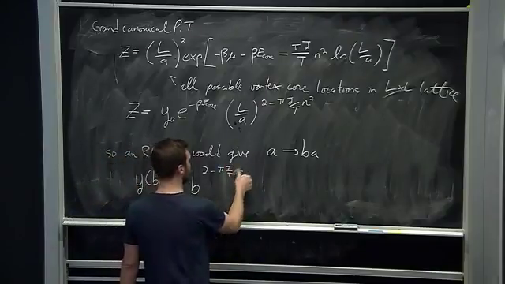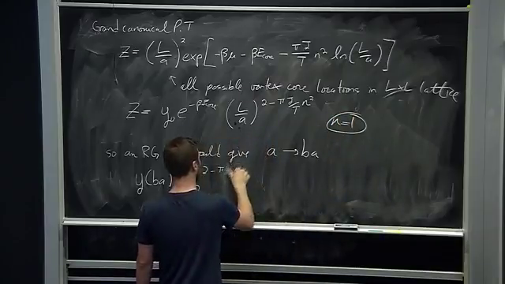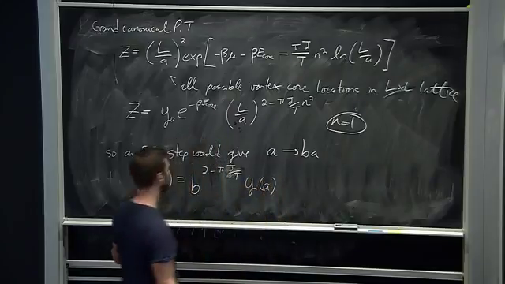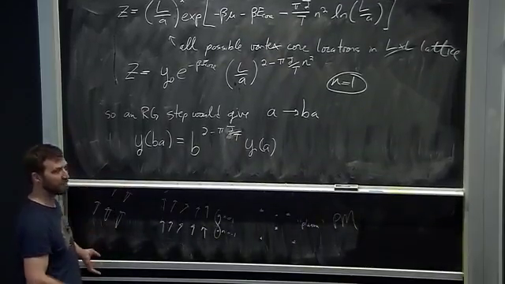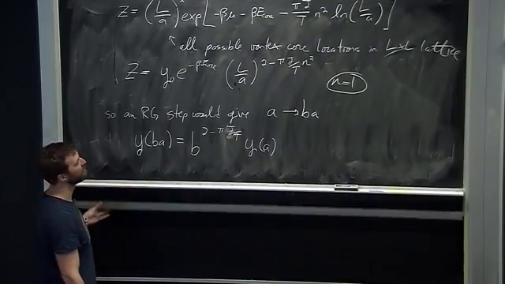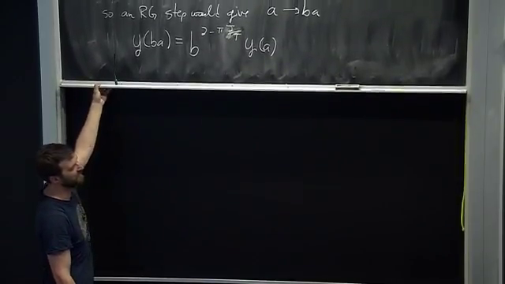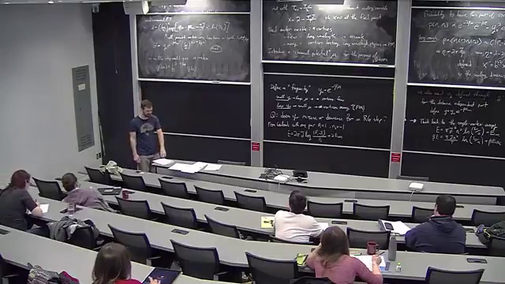Okay, I'm done with this n squared. And then I have y of A here. That's where the scaling dimension is, again, very roughly. So I've just written the partition function in the roughest approximation for a single core, and look how it scales under a single RG step.